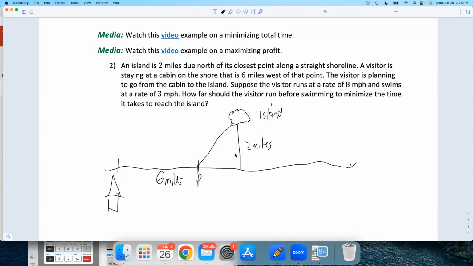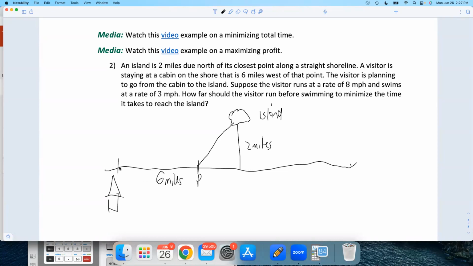Okay, so where is this used in the real world? Lifeguards. Imagine out here is somebody drowning, and here's the lifeguard. He could run all the way down until he's directly across from the person and then start swimming toward the person. But that's a long distance.